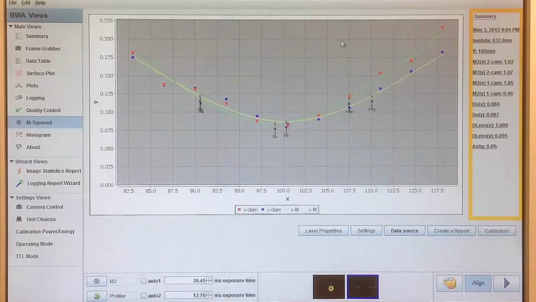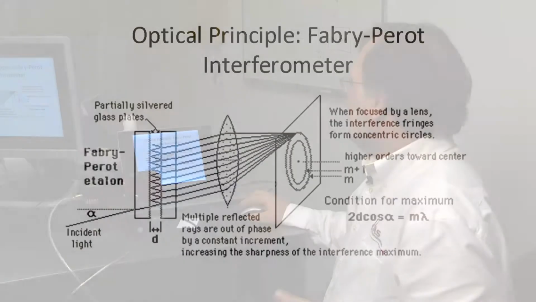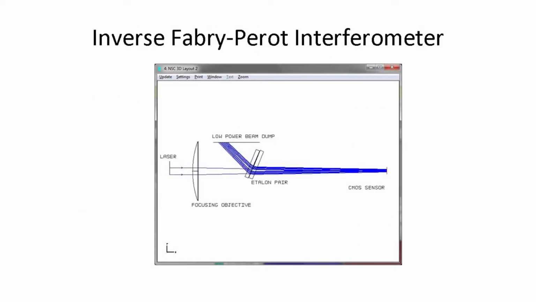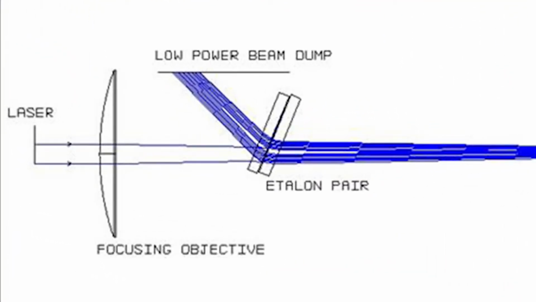So the way the Haas Laser Technologies beam waist analyzer camera works is, some of you may be familiar with a Fabry-Perot interferometer. Our system looks optically very similar, except that instead of the light coming from this side, we come from this side, from the lens side into the Fabry-Perot etalon pair. So we have our focusing lens, our beam coming in, and our etalon pair, and a small portion of light passes through, but a lot of it gets trapped between the two etalons so that we get a time slice of the beam.